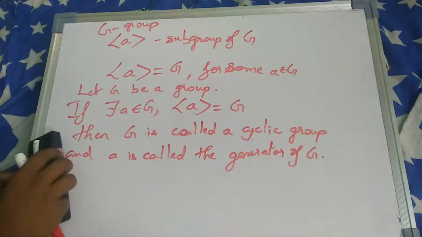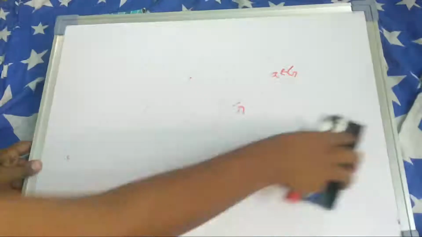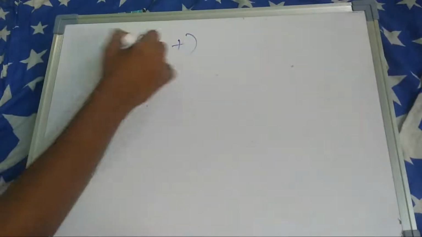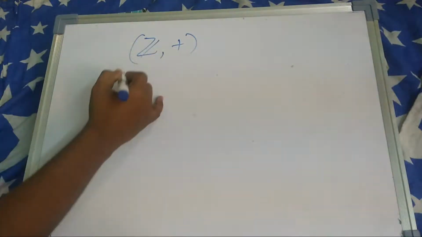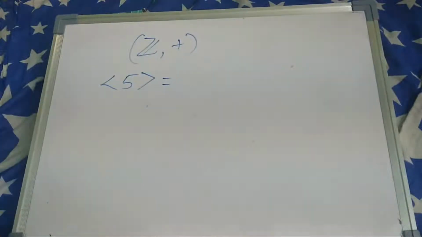Now, let us consider a few examples. Consider integers under addition. Let us consider an element in this group and try to find the subgroup generated by it. Say the element 5. What will be the subgroup generated by 5?